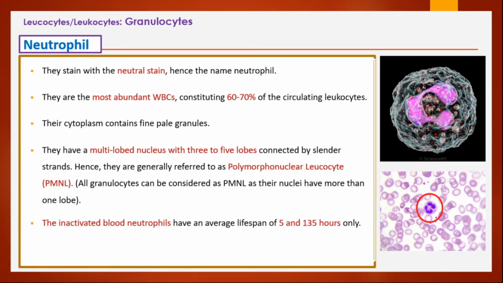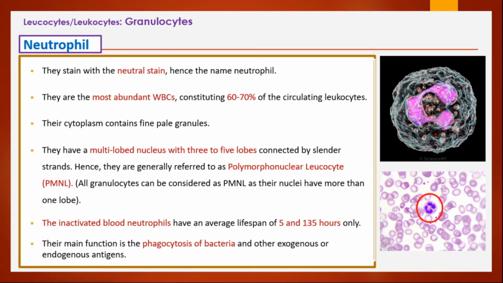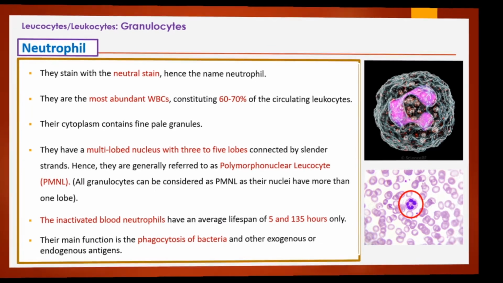The inactivated blood neutrophil may have an average lifespan of 5 to 135 hours. Their main function is the phagocytosis of bacteria and other exogenous or endogenous antigens.